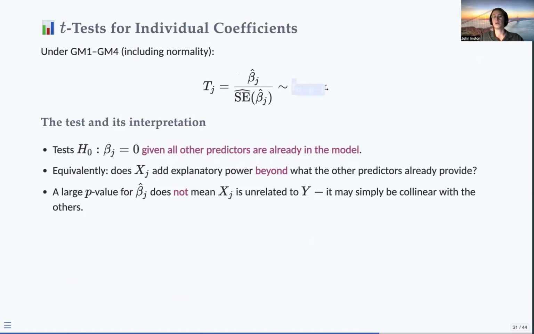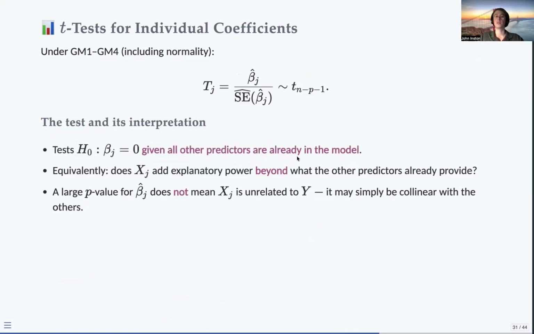The corresponding t-distribution is determined by the degrees of freedom, which we've just defined, and the test statistic is this estimate for the parameter over the standard error of the parameter, and this is what we use to compare against the distribution. What you're testing here is whether there's evidence against the null hypothesis that the parameter is zero, versus the alternate hypothesis that it isn't zero, given all the other parameters are already in the model.